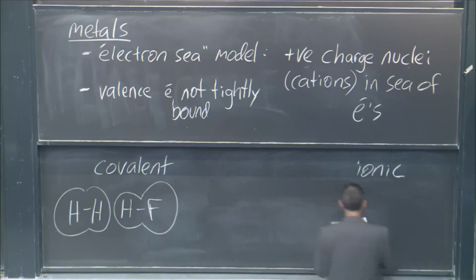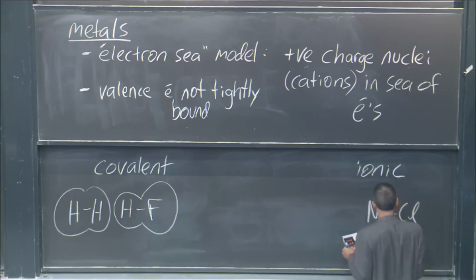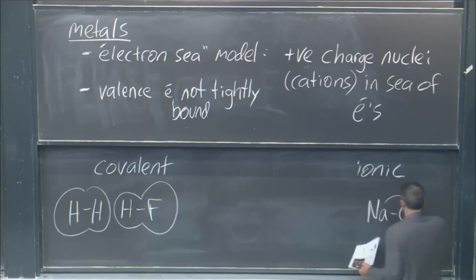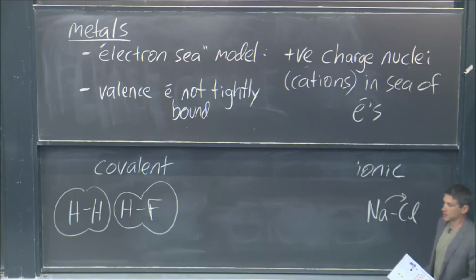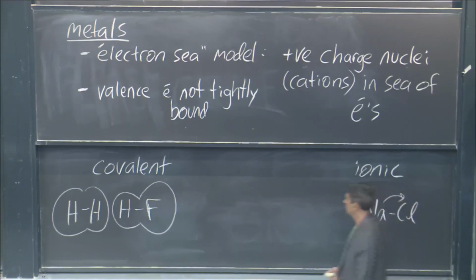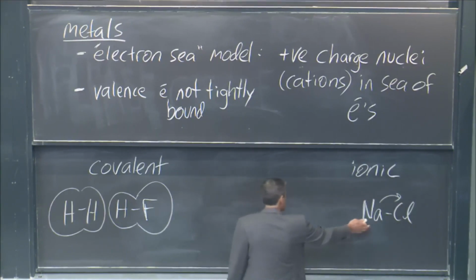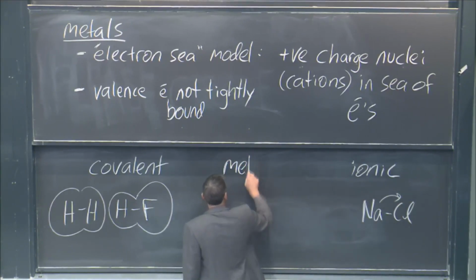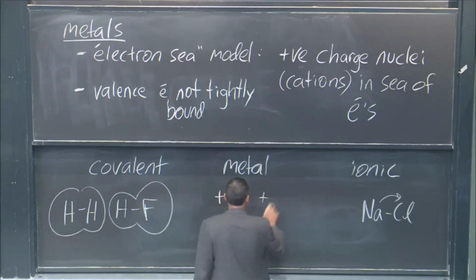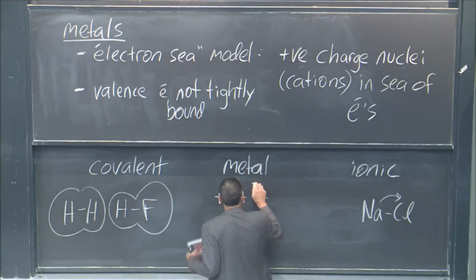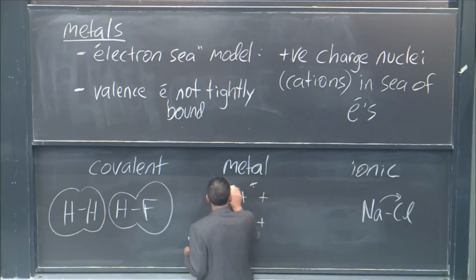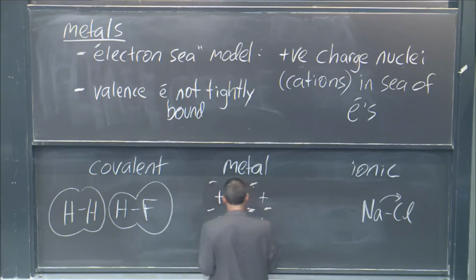Now in the ionic sense, you have sodium chloride. We did that example where chlorine is like, gimme, and sodium is like, okay, and that's it. That's the relationship, right? But now let's take sodium and put a bunch of them around. If I've got an electron sea, then my electrons are simply wandering around in this sea.